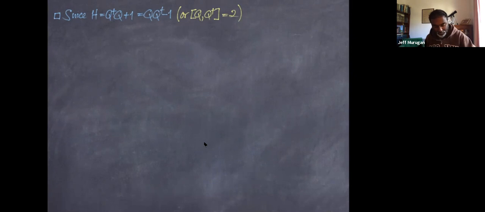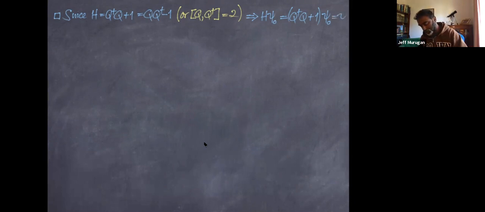They're the same thing, same statements. Then it follows from that the Hamiltonian acting on psi naught is Q dagger Q plus 1 acting on psi naught, which is Q dagger Q acting on psi naught, but that's 0, plus psi naught. In other words, this is just psi naught.